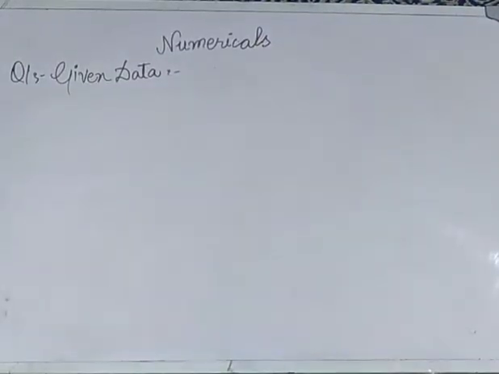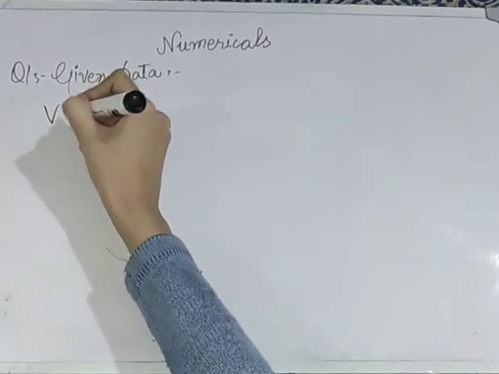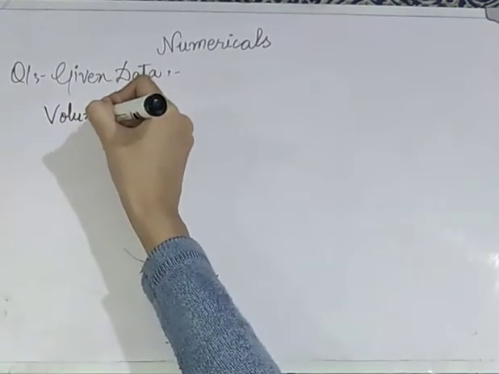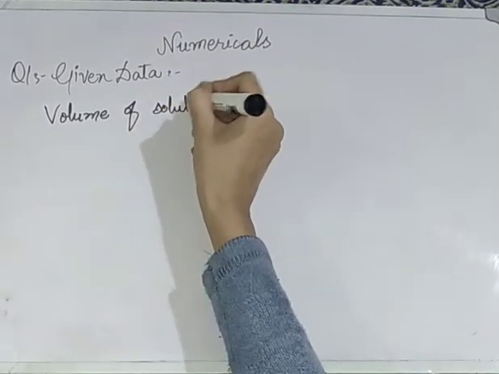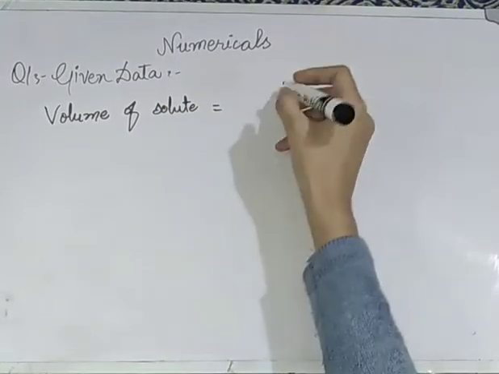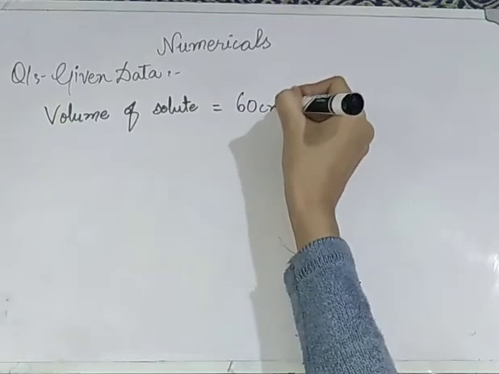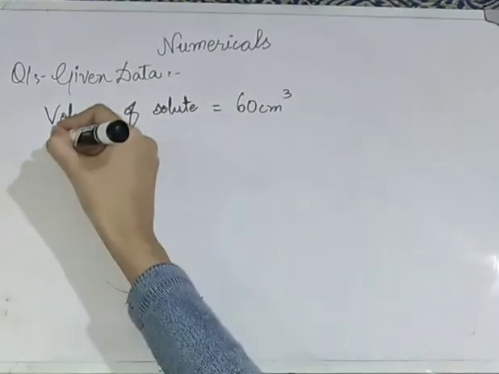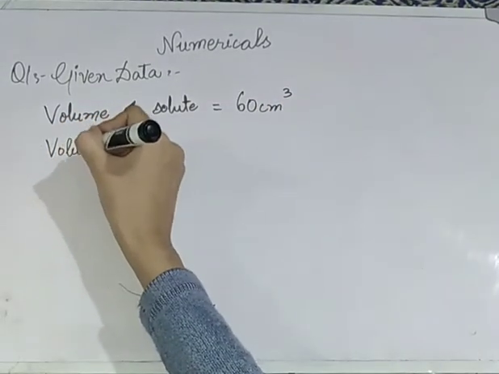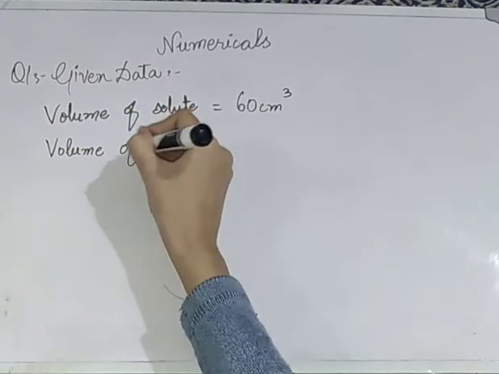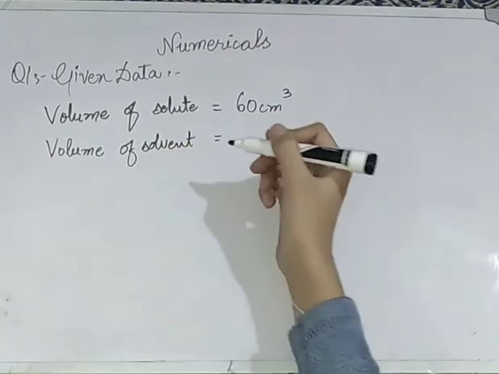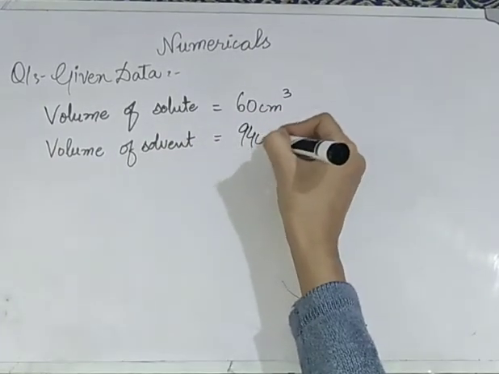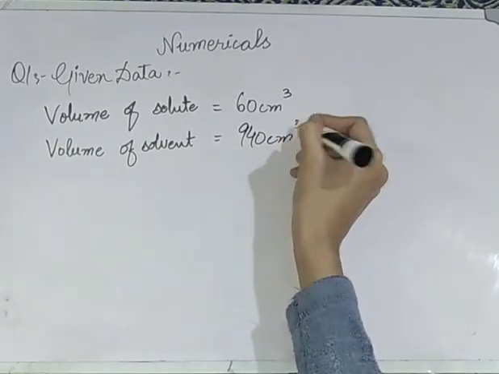The formula we will apply for finding the concentration of the solution is volume over volume. Given data: volume of solute or alcohol equals 60 centimeter cube. Similarly, volume of solvent or water equals 940 centimeter cube.